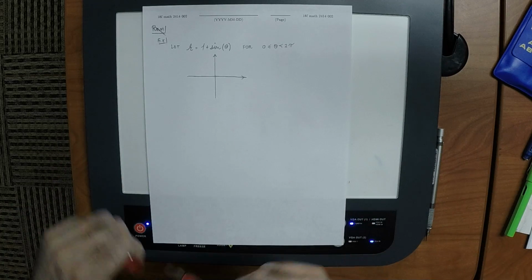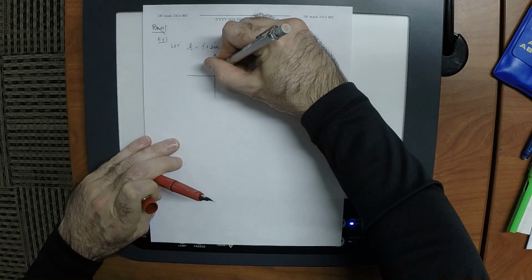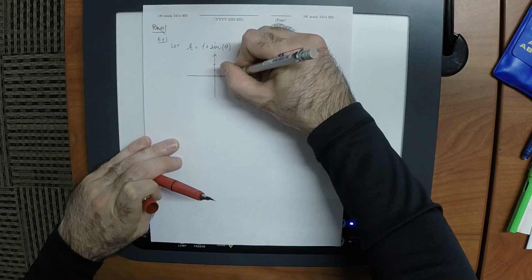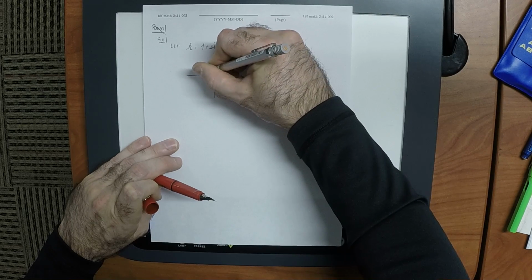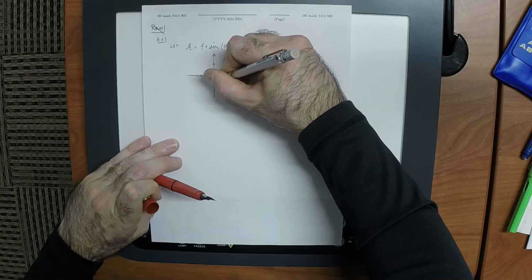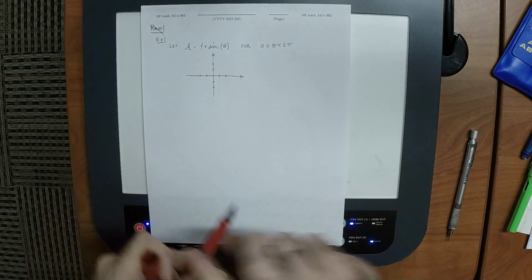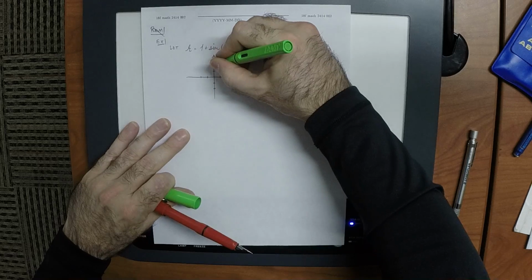So with those considerations in mind, I'm just going to draw two tick marks here. We said when the angle is straight up, we have our maximum point of 2.